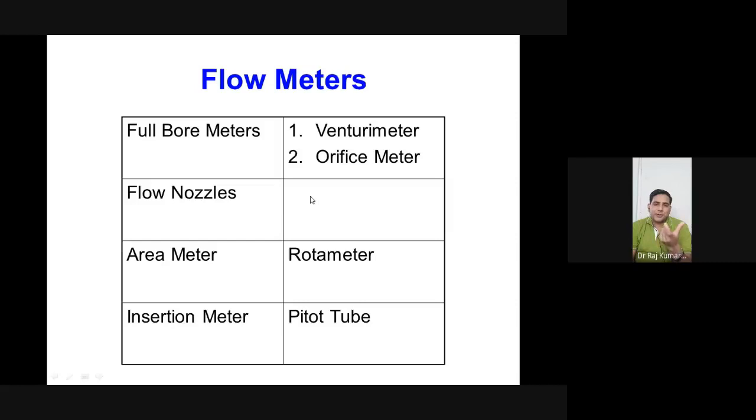To incorporate the losses due to sudden contraction, we did it based on Bernoulli, but we put a loss coefficient term there, and only because of that you got the concept of a discharge coefficient. The discharge coefficient, relative to Bernoulli, is only because of the loss coefficient. Your pressure has been lost permanently. So about 40% of the pressure has been lost permanently. Therefore your coefficient is not 1; in case of the orifice it is 0.61.